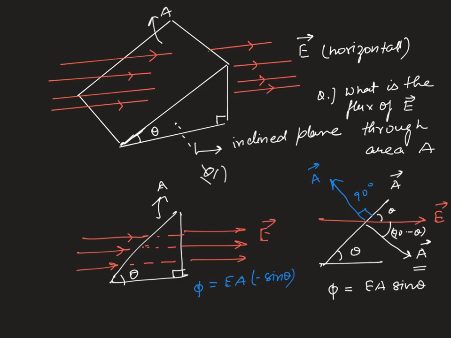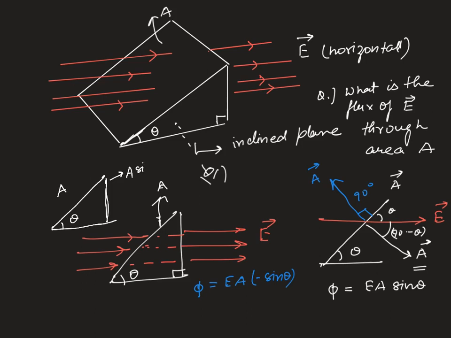Now the most important thing here is something that we haven't noticed yet. And what is that? When we are talking about this area here, let me draw the area again here, and we are saying A sin theta, A sin theta is basically this area here.